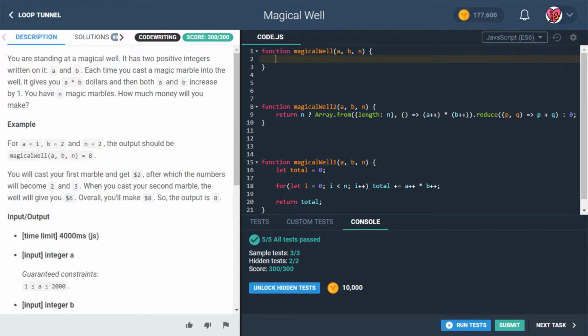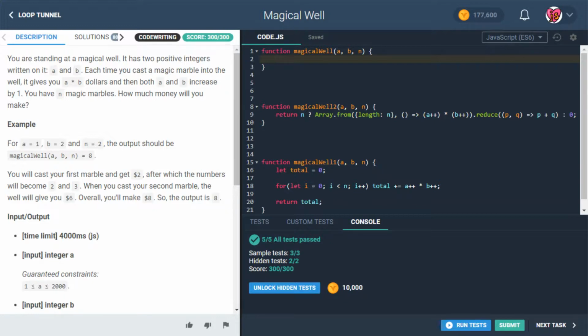Now correct me if I'm wrong on this, but I believe recursion is sort of equivalent to loops in the sense that anything you can do using a loop, I believe you can use recursion for, and vice versa. But I might be wrong about that. Maybe there's some edge cases I'm not considering, but anyway, for now, we're going to use recursion.